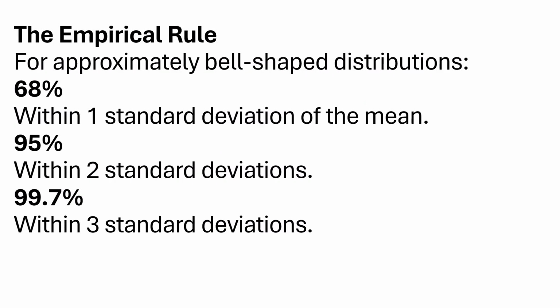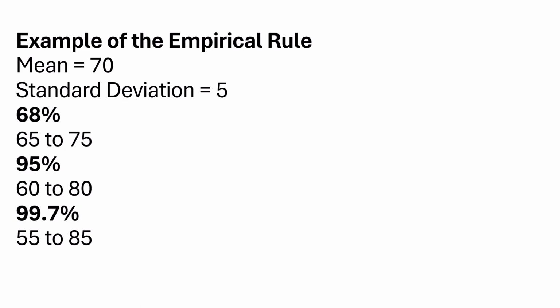This rule helps us understand how data are distributed around the mean. Most observations are found close to the mean.